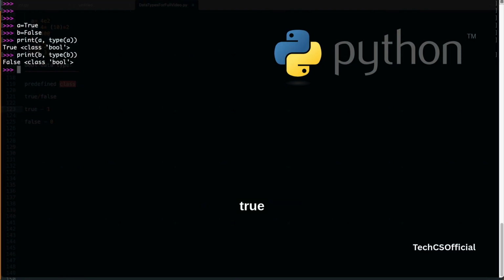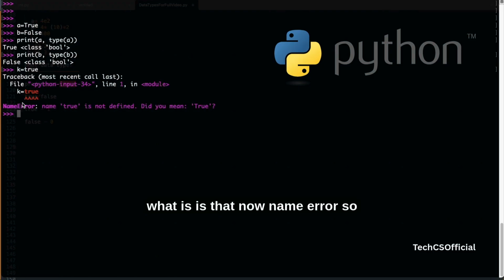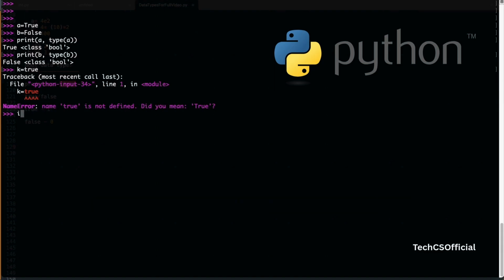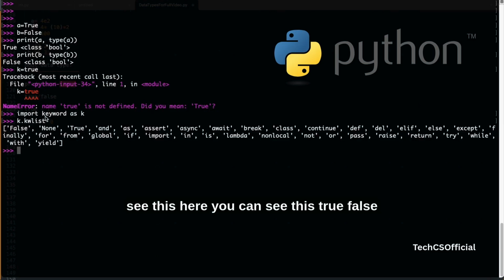Okay, this is the basic true false. And we can see by taking true and false as a variable name, what happens: name error. True is not defined, did you mean True? Because true and false values will not be considered for assigning a variable. I'll show you the keywords, the reserved words available. If you see here, you can see True and False.